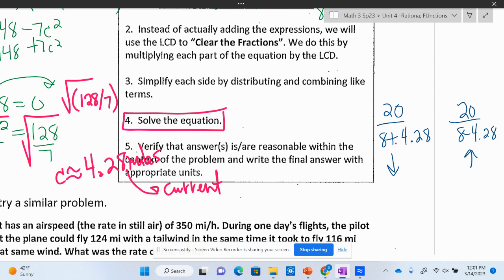Someone give me those two values. 20 divided by the quantity of 8 plus 4.28, because we just need to verify. So this one is 6.78? Okay, what did you get for the minus one? I disagree.